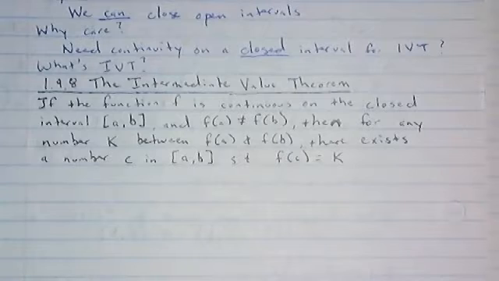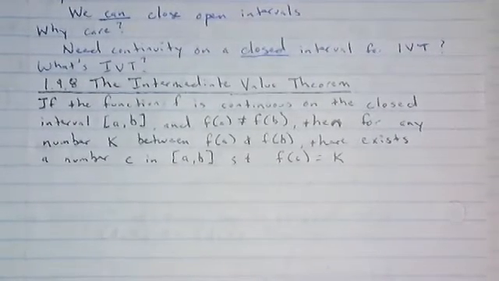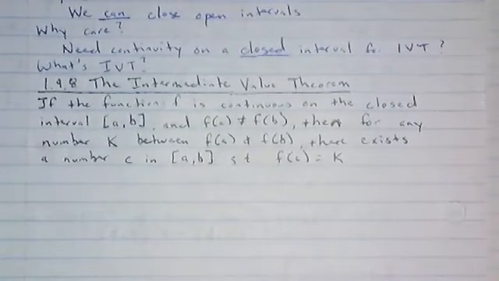I'll say that again. You've got an interval, we'll draw a picture in a second. You've got some function values for that interval. If you choose a number K in between the starting value and the ending value, there's got to be some number in between A and B that's going to hit K. So if you have a continuous function, it guarantees that you're going to hit all the values between the endpoints.